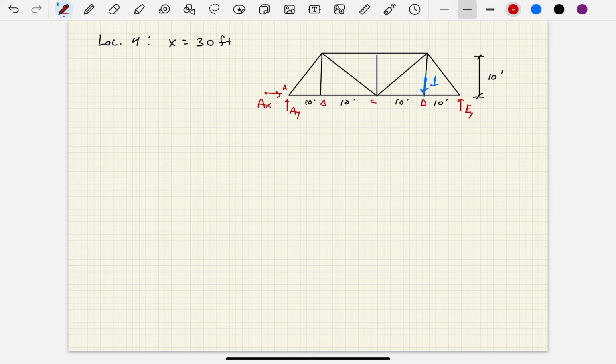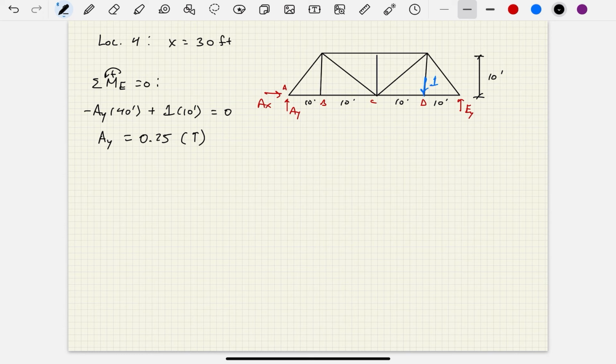And so again, following equilibrium processes, you can say sum of the moments about E equals 0, and I'm trying to solve for AY, so that'll be negative AY times 40 feet, plus 1 times 10 feet equals 0, so AY is equal to 0.25 reacting up.